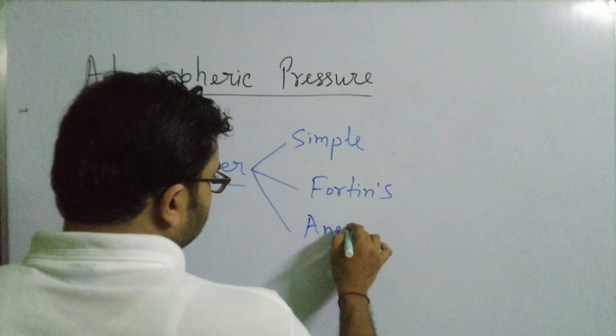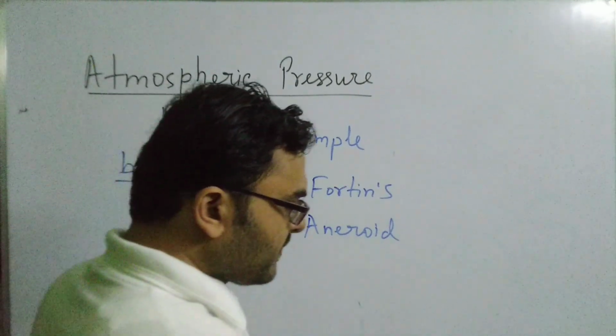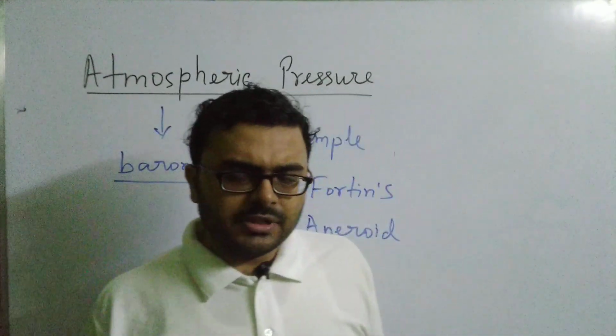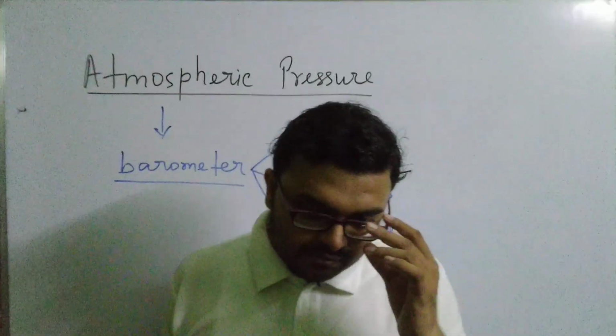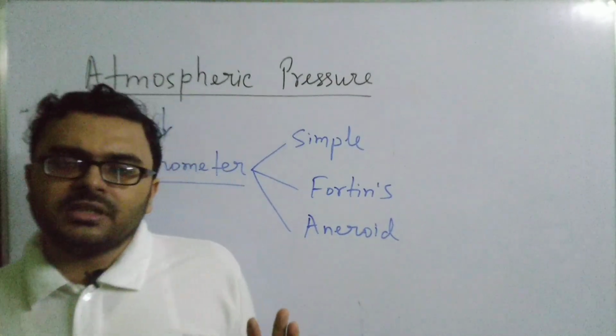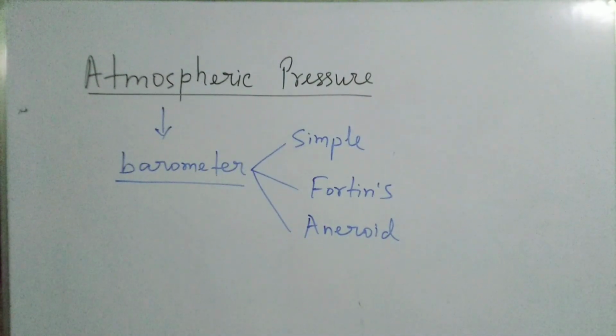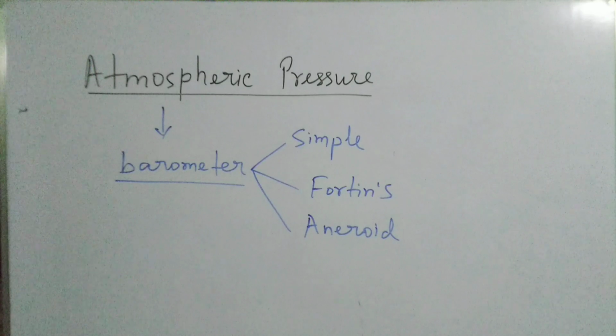In the simple barometer and the Fortin barometer, a liquid is used, and that liquid is in most cases mercury. In the aneroid barometer, there is no liquid present. It is based on a slightly different principle. Now, let us see how the simple barometer works.